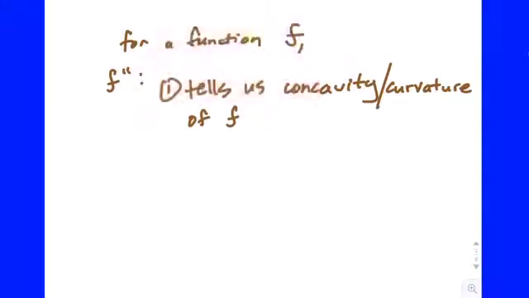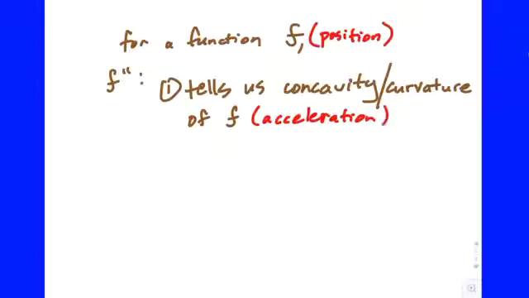That would be analogous, if f was analogous to your position function, just to bring it back to particle motion. This would tell us the acceleration, right? But remember, it also tells you something about f prime.